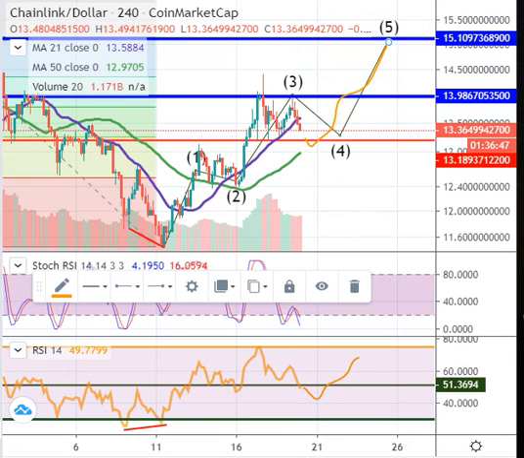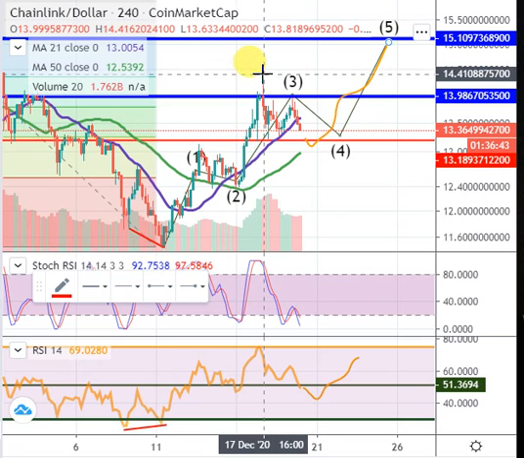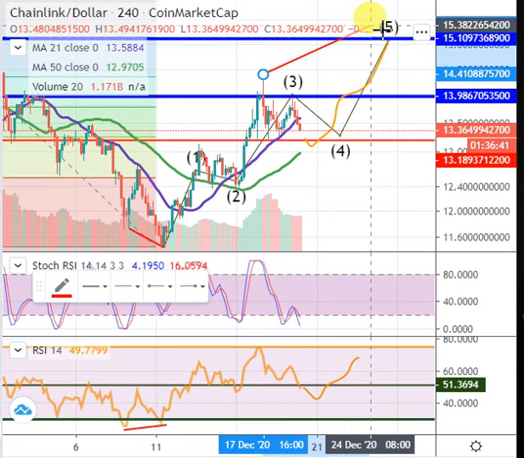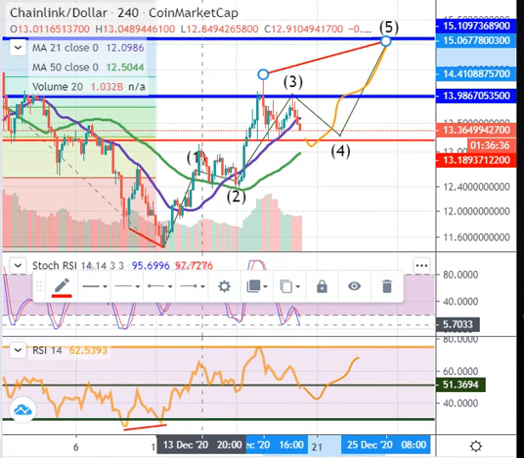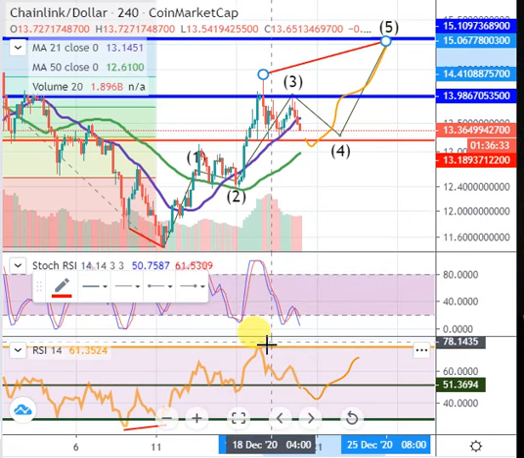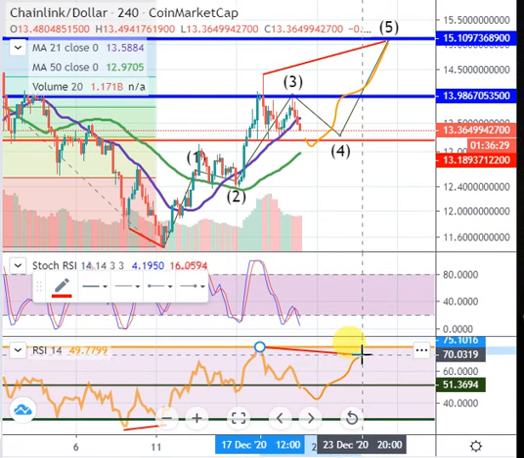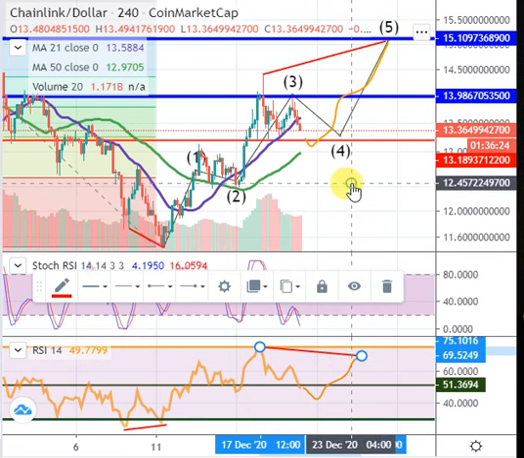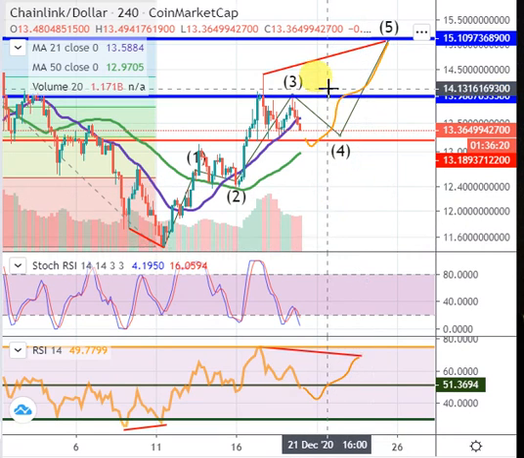So now here is the challenge, here is the problem that you should look at. This will form a divergence, and if you look at this price here, the RSI will possibly be below this. So this is going to form a bearish divergence.